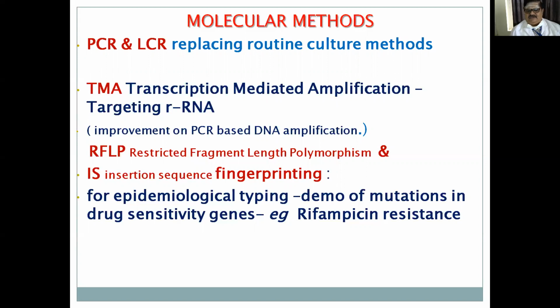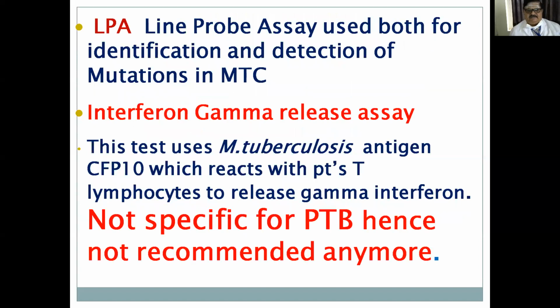IS, insertion sequence fingerprinting. These are all for epidemiological typing, that is demonstration of any mutation and the drug sensitivity of genes. Okay, so the problem is multiple drug resistance, XDR. So these are the important things that are noted by the molecular methods.